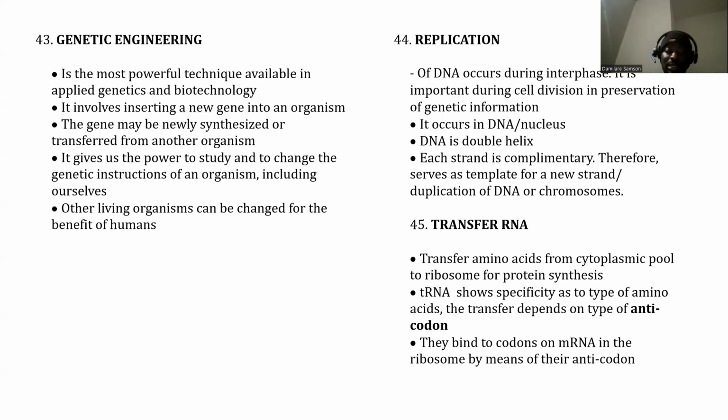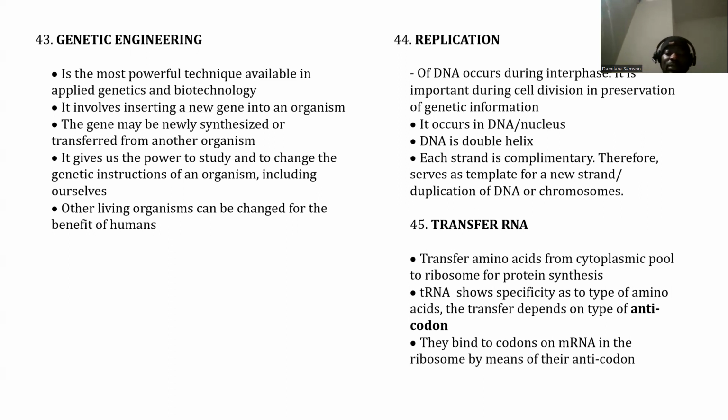It is a double strand. We have DNA, we have RNA. They are double-stranded, and they serve as a template for a new strand. So we talk about ribosomal RNA, messenger RNA, transfer RNA. All those go with DNA.